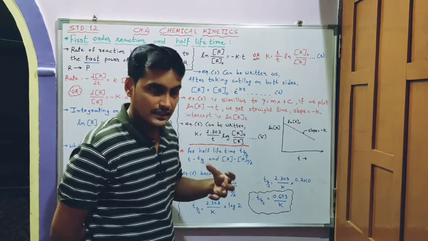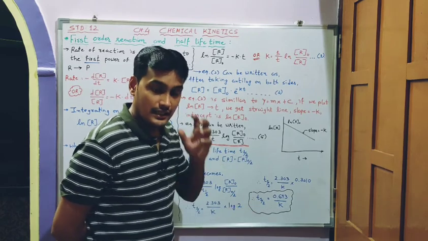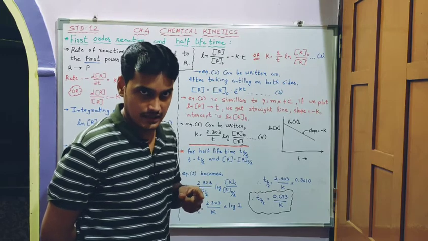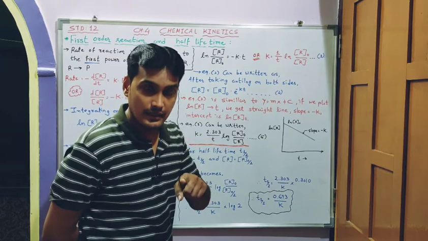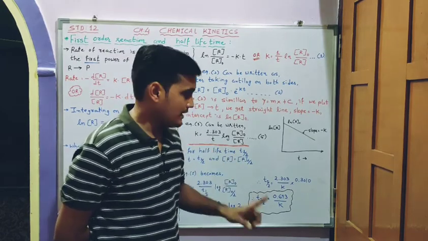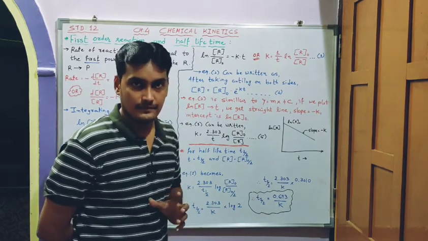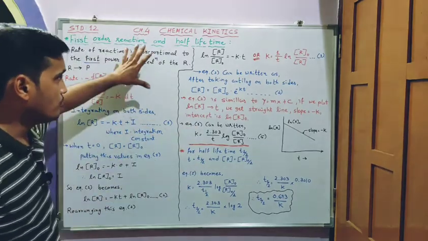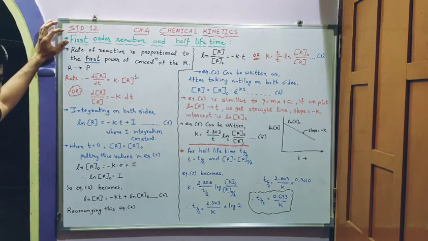Okay, so we can say that this T1 half for first order reaction is independent of the concentration of reactant, and inversely proportional to the rate constant K. So this is also one of the most important points for first order reaction.